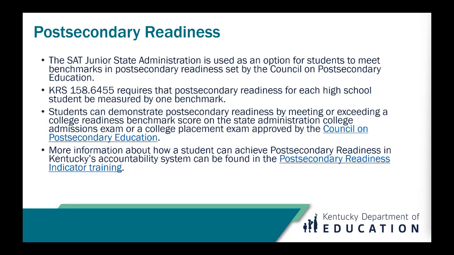Students can demonstrate post-secondary readiness by meeting or exceeding a college readiness benchmark score on the state administration of the college admissions exam or a college placement exam approved by the Council on Post-Secondary Education. More information about how a student can achieve post-secondary readiness in Kentucky's accountability system can be found in the Post-Secondary Readiness Indicator Training.